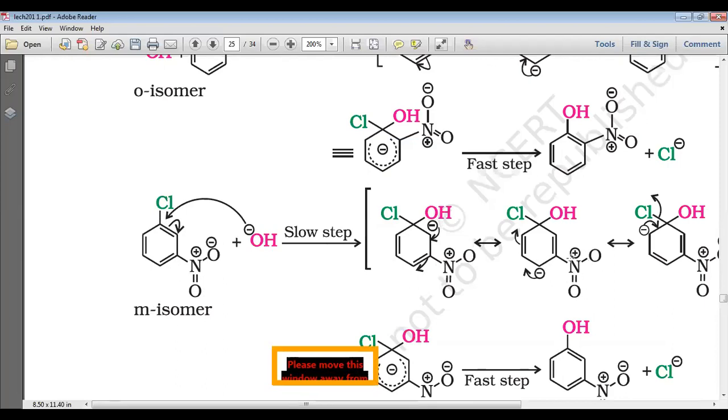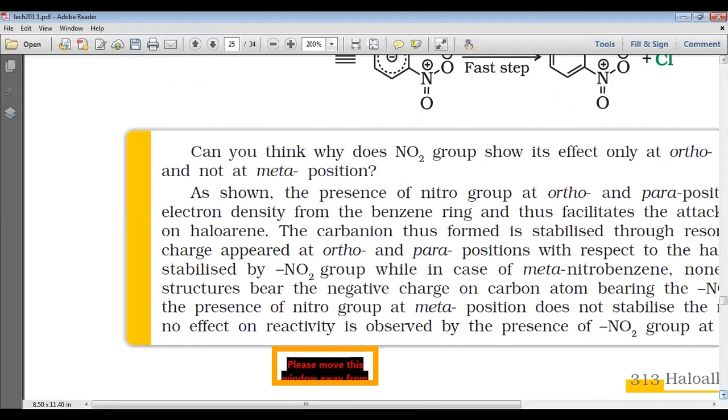So this nitro group does not have any facility to stabilize the negative charge present on the carbon. If the nitro group is present on the second, fourth or sixth position, it has the facility to stabilize this negative charge by resonance. But as the NO2 group is present on the third position, it is not able to stabilize the negative charge, and that is why the effect of nitro group on meta position is not useful.